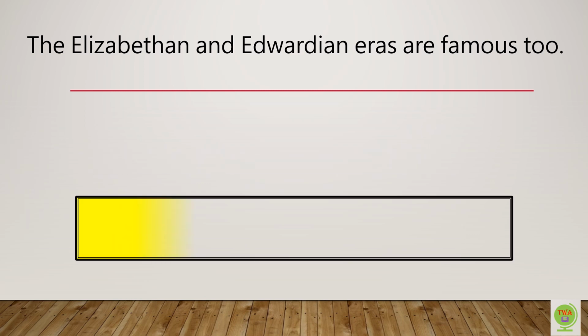Starts now. Okay, time's up. If your answer is proper adjectives, you are correct. From the words Elizabeth and Edward, okay? Elizabeth is the proper noun for Elizabethan, and Edward is the proper noun for Edwardian.